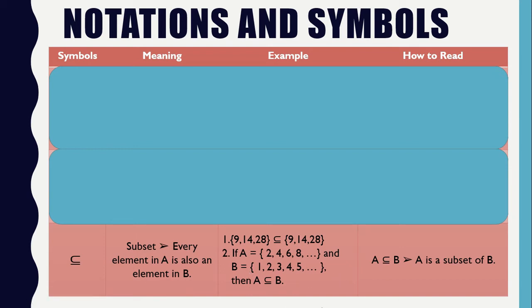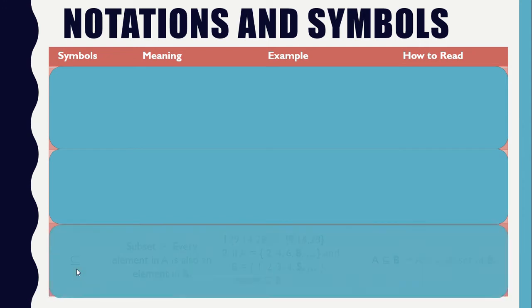So, we can say that set A is a subset of set B kasi lahat ng number na makikita mo sa set A ay makikita mo rin sa set B, nasa loob ni set B. Okay. So, A is a subset of B. And the symbol is ito. C na merong underline.